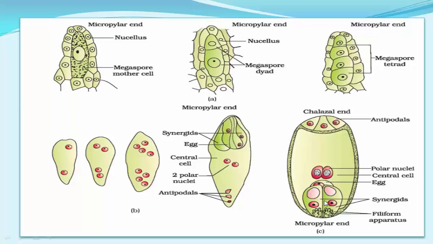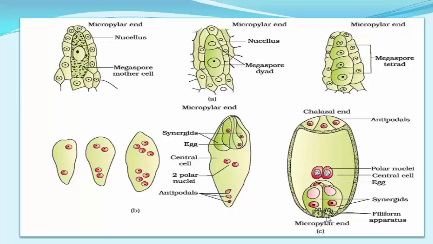One more very important part to remember with respect to synergids is that at the base of the synergids there is a special cellular thickening called the filiform apparatus. This filiform apparatus plays an important role in guiding the pollen tube entry into the synergid at the time of pollination or at the time of fertilization.